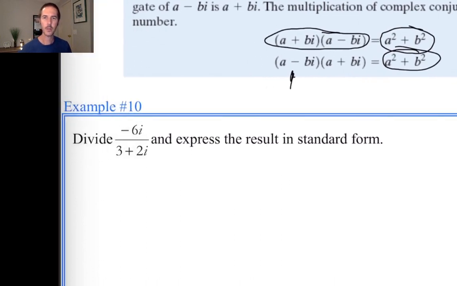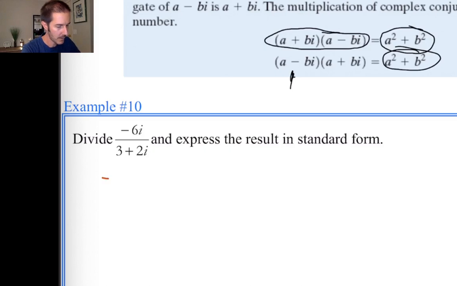So we just had a bunch of conversation right now about foiling, which is multiplication. Doesn't it make sense that the very next question says divide? You'll see that it does make sense. We're going to divide, but we want to express our final answer in standard form. The very first thing that we're going to do in this division problem is multiply. I love it.